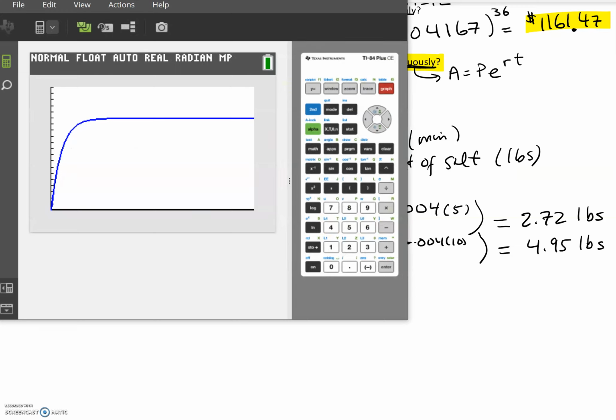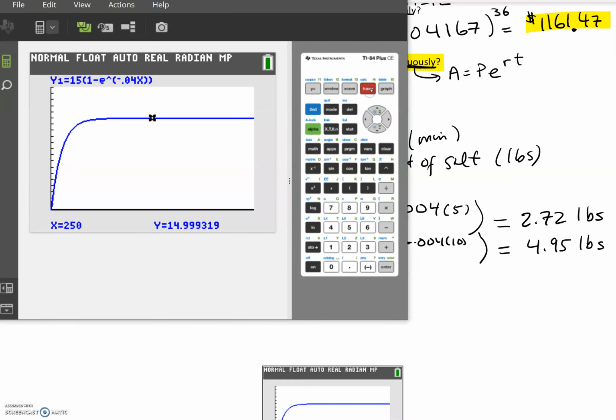Now what is going to be the asymptote? If I push trace, it looks like that number is close to 14.9962 in the y values. If I go to the left, it gets smaller, but it looks like it's close to 15.